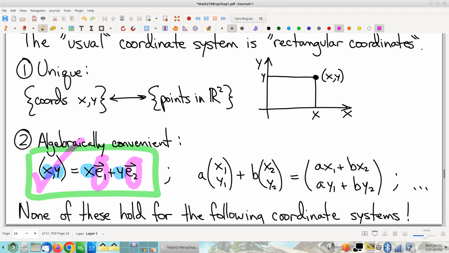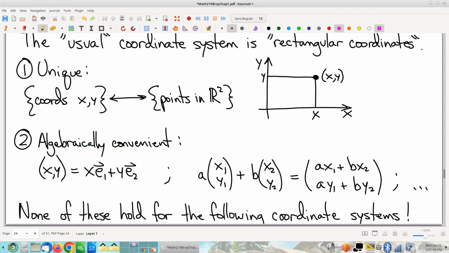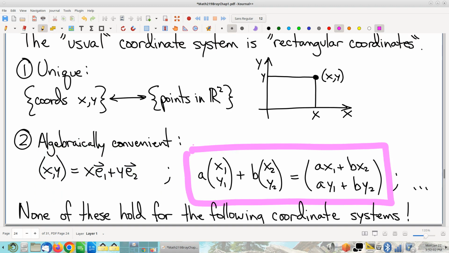I hope you remember from linear algebra class that if you have a basis, then the coefficients in that linear combination that produces a given vector are the definitions of the coordinates. I'm going to call this a perk of rectangular coordinates. And that's arguably a special case of this more general statement about linear combinations of vectors.